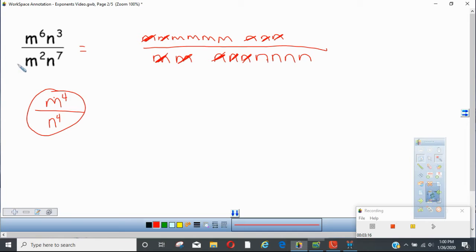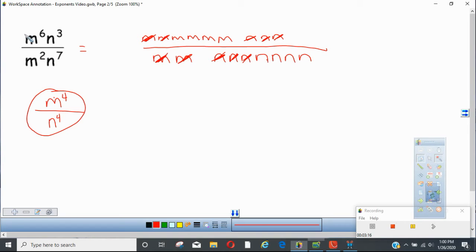We talked about when you're multiplying that we would multiply the big numbers but add the small numbers. Well, when you're dividing, you would divide the big numbers and you would subtract the small numbers. I want you to see a relationship between multiplying and adding, and then dividing and subtracting.